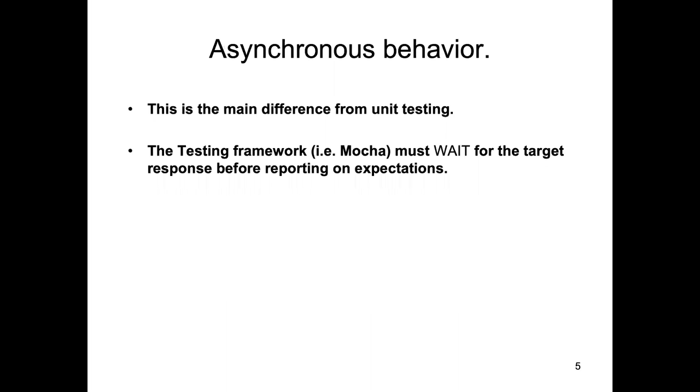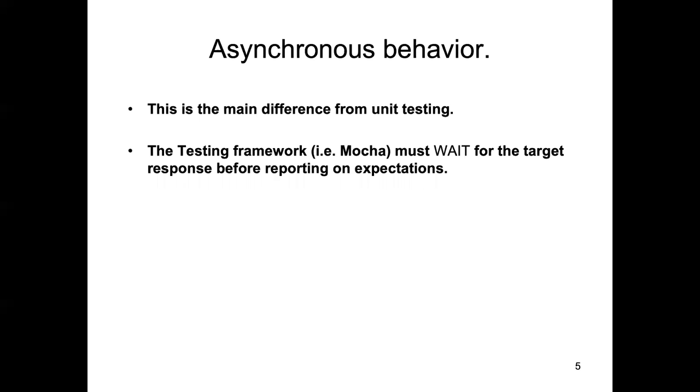Now, of course, if you are testing a web API, then by implication there is an asynchronous nature to the target that you're testing, which wasn't the case when we were doing unit testing. It was the case when we were doing end-to-end testing, as it turns out, but it's certainly the case here.